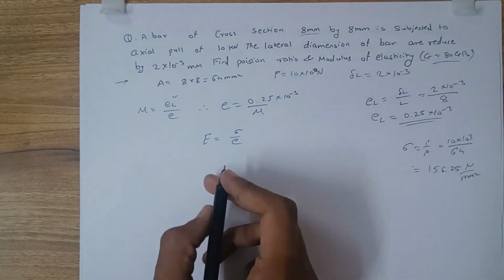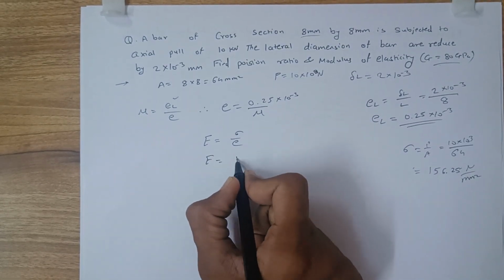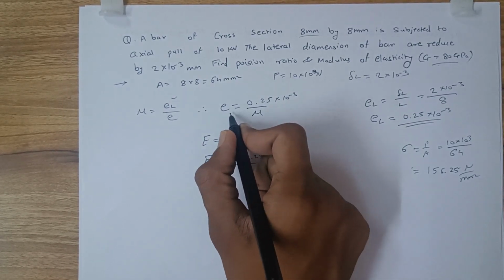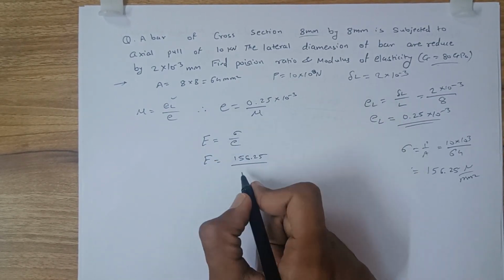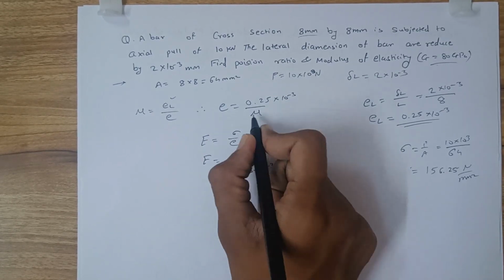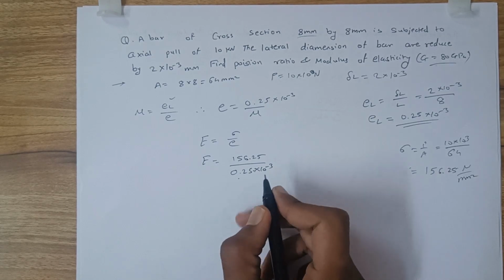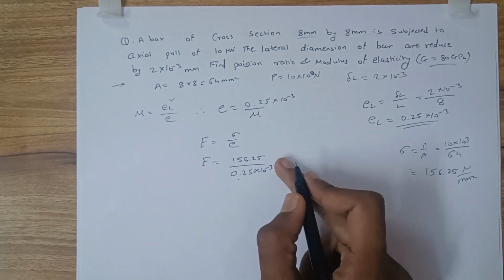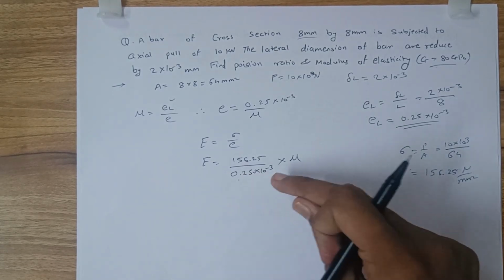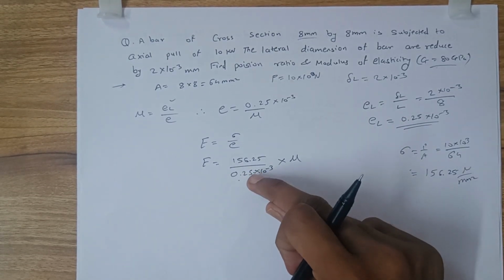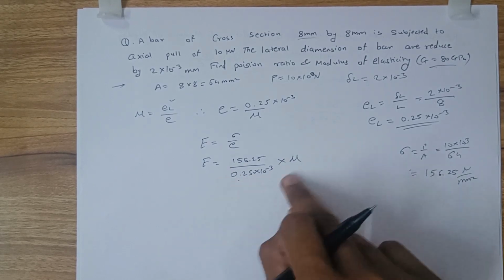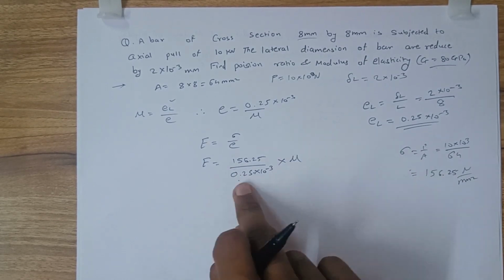Now putting the value of stress in this formula, and putting the value of strain also, 0.25 into 10 raised to minus 3. The mu from the denominator is multiplied by the whole term, so it will go up and multiply by this whole term.